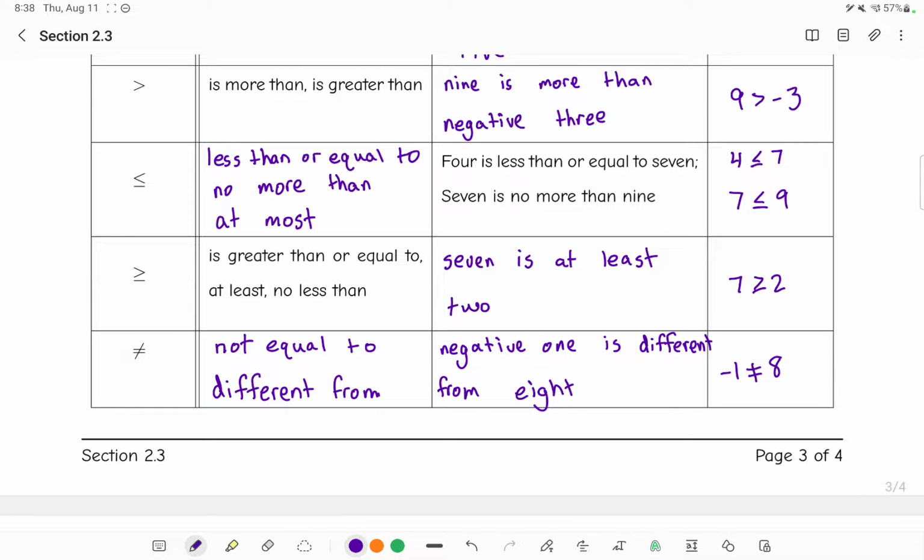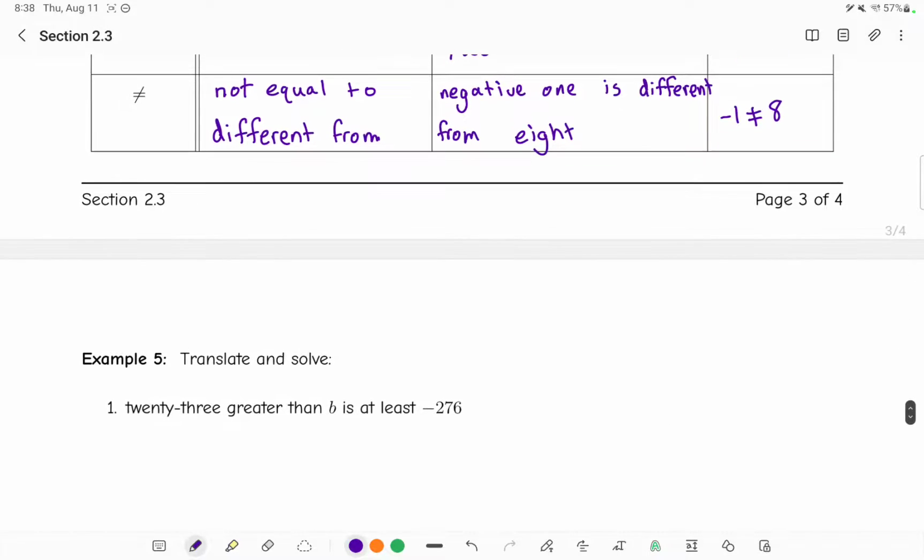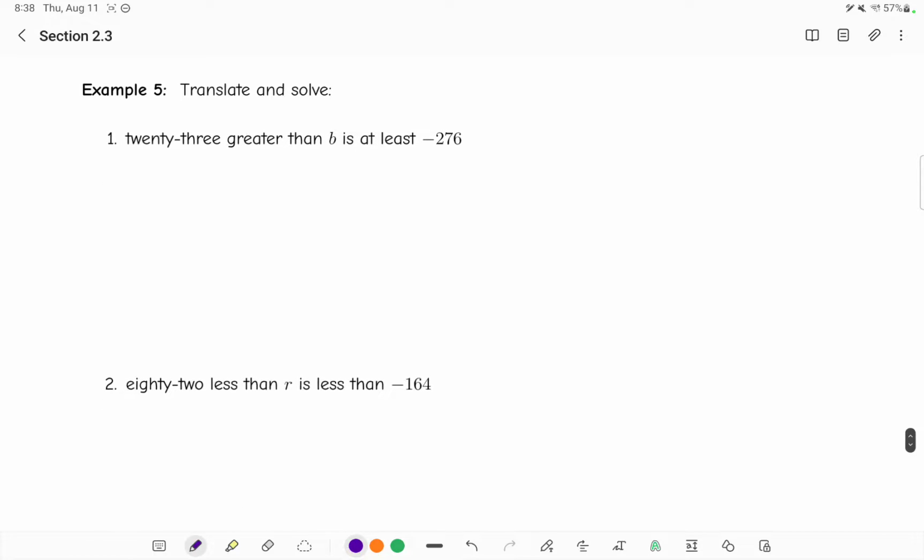So using this for the following example, we want to translate each of these phrases and then solve the inequality. So number 1, 23 greater than b is at least negative 276. This one's trying to be a little tricky because it says 23 greater than b.